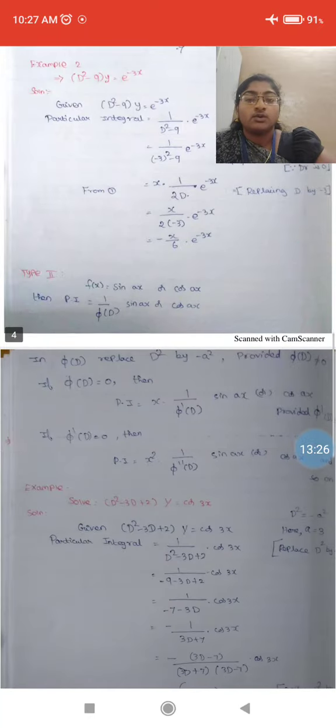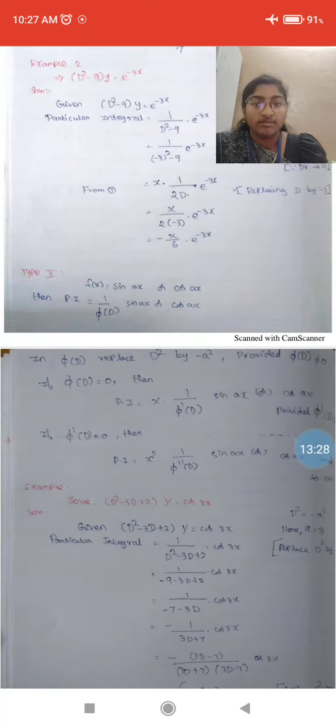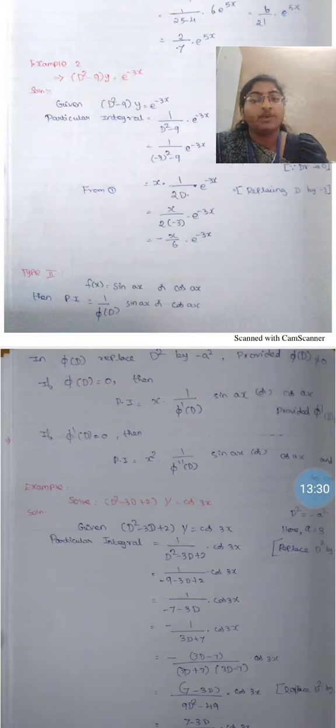Okay, now we are going to see type 2 in particular integral. F of x equal to sin ax or cos ax. Then particular integral equals 1 by phi of d into sin ax or cos ax. In the first type we were replacing d by a, but in type 2, which denotes sin and cos, we change d square by minus a square.